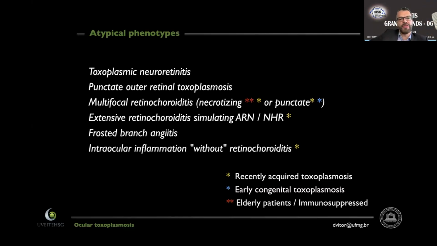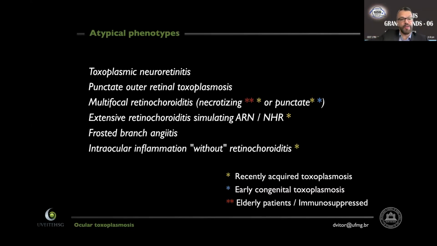presentations of ocular toxoplasmosis: toxoplasmic neuroretinitis, the so-called punctate outer retinal toxoplasmosis, and the more aggressive retinal choroiditis that may present as multifocal or even extensive fulminant retinal choroiditis, which may simulate a herpetic kind of picture, as Laura pointed out.